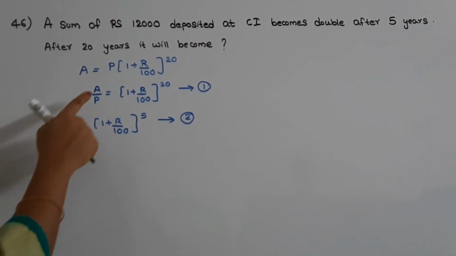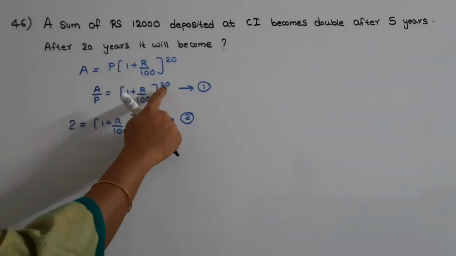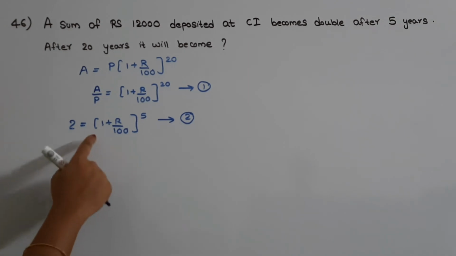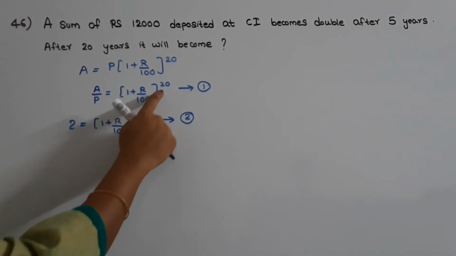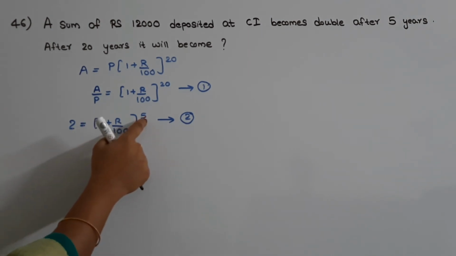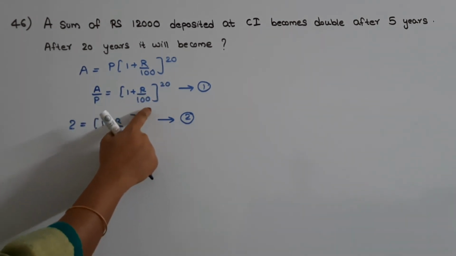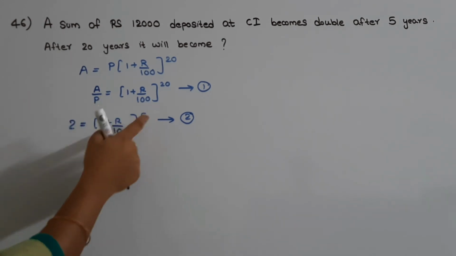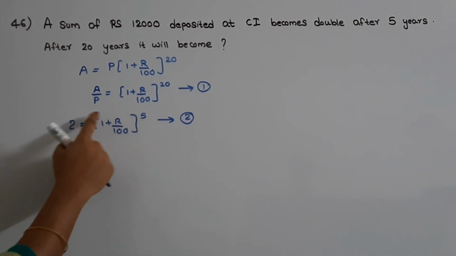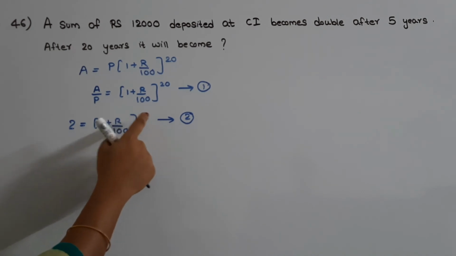Now we need to get this value when the power is 20, but here the power is 5. So we need to convert this power to 20. How can we convert this power to 20? By multiplying the powers by 4 on both sides.